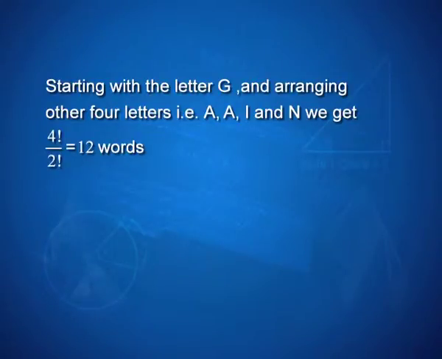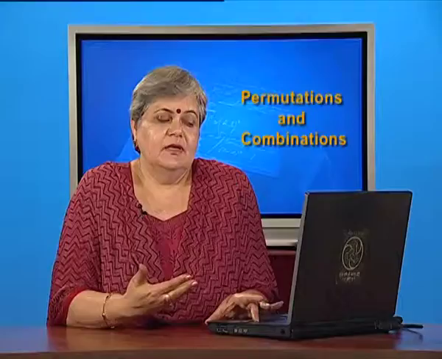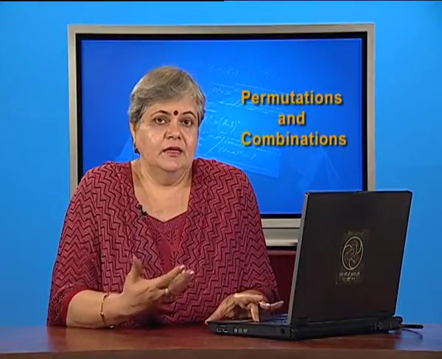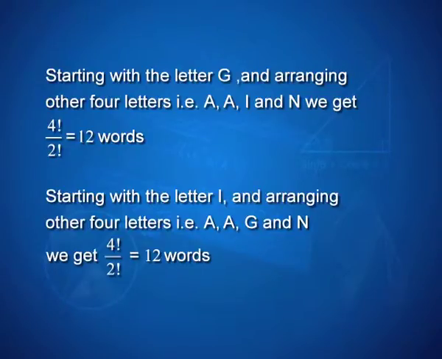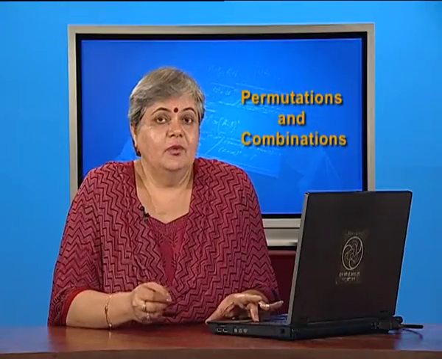Now, looking at the first position, the alphabetically next letter available with me will be G. If G goes in this position, then the remaining 4 places can be filled by the remaining 4 letters, that is A, A, I and N, in 4 factorial by 2 factorial ways, because now I have 2 A's as well.